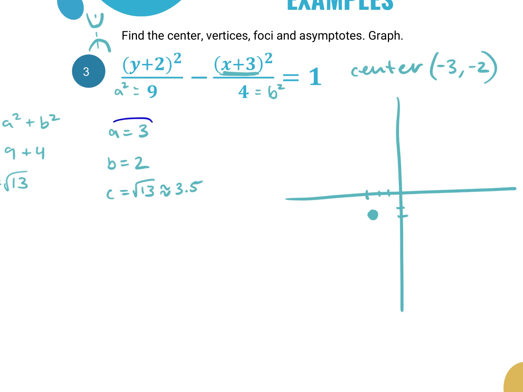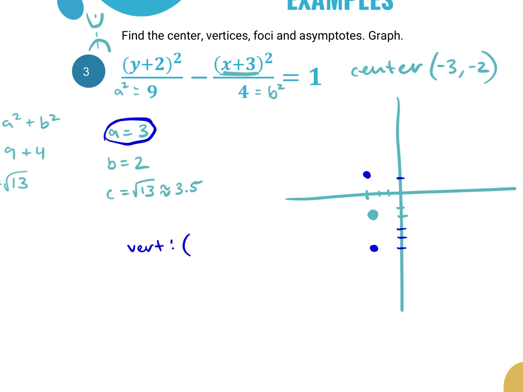Next, let's put our vertices. A tells us where our vertices are going to be. Which way would I go to put my vertices, up and down or left or right? Up and down. So I'm going to go up 3 and down 3. Let's label everything here.